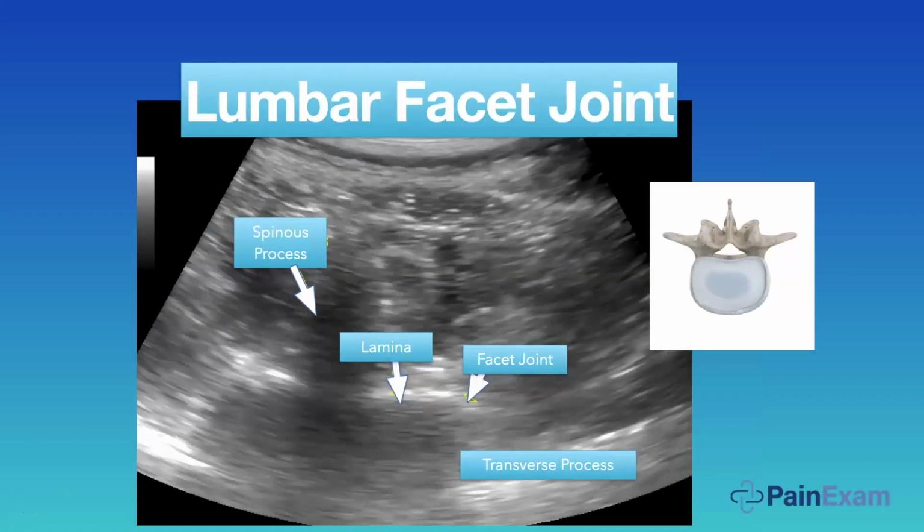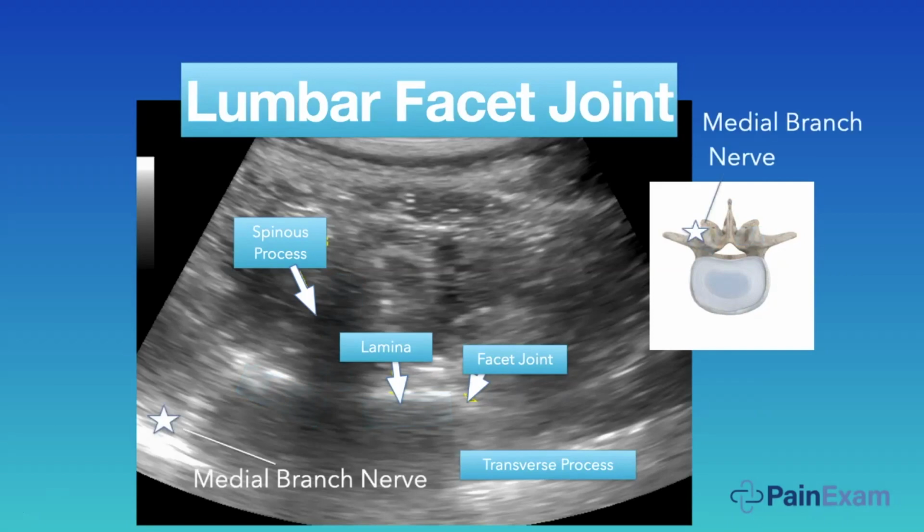Okay, so once again, spinous process, lamina. This is a transverse view of the lumbar spine, transverse process. Here you have your spinous processes. Your lamina are here. And the medial branch nerve target would be right in the corner of that superior articular process and transverse process.